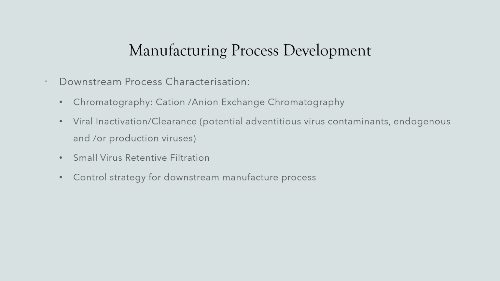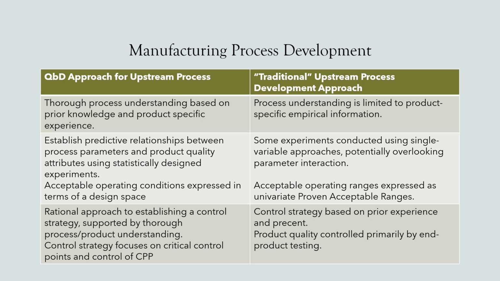It's really an in-depth study, and it's very important, obviously, because you don't want a contaminated drug product, a viral contaminated drug product. And there are various strategies for viral removal, such as filtration methods, but you do have to have your control strategy for your downstream manufacture documented in your dossier.